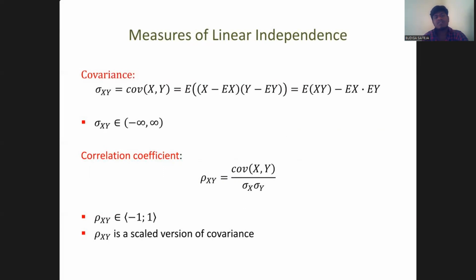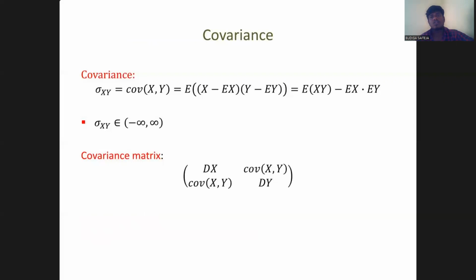Rho of x comma y is a scaled version of covariance.